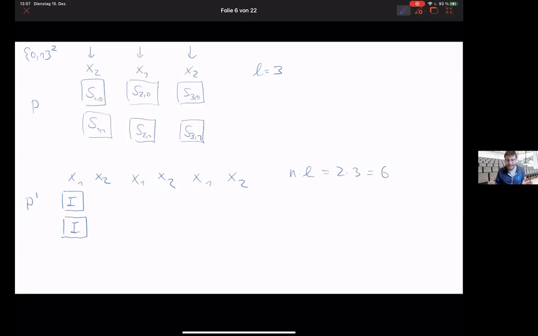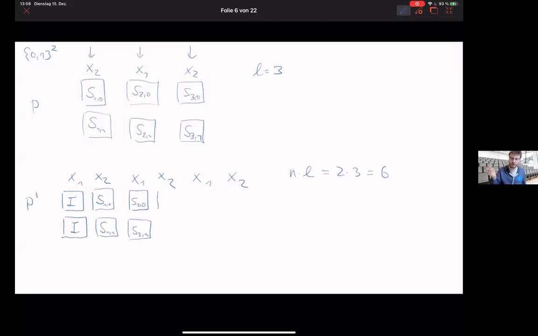And how do I introduce dummy operations? Well, just by putting the identity matrix here, right? Multiplying any matrix with the identity matrix doesn't change anything. For x2, I leave things how they were. Here I still have this matrix S10, S11. Now here, I leave things how they were, S20 and S21.